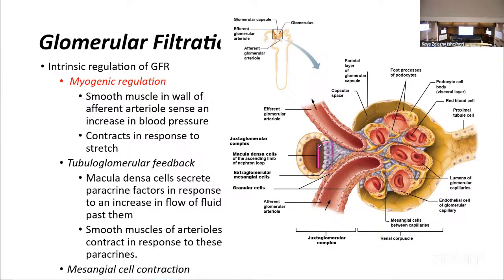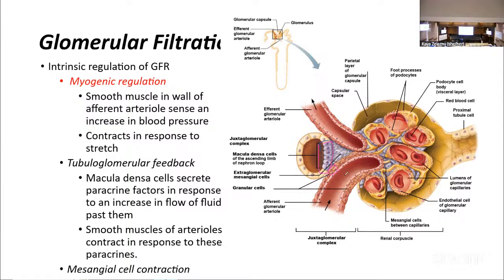Endocrine goes to a different organ system. Paracrine just goes to local neighbors. So those macula densa cells are communicating with these granular cells that are coating our arterioles going into the glomerulus. They're sending a signal telling the afferent arteriole how much fluid is about to exit the nephron, and the smooth muscle of the arteriole can respond to that.